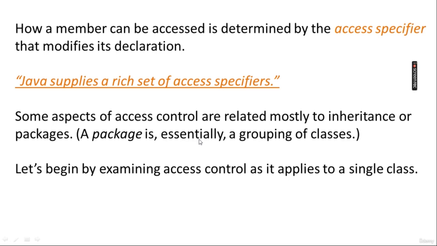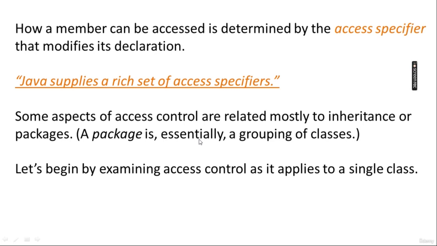How a member can be accessed is determined by the access specifier that modifies its declaration, and Java supplies a rich set of access specifiers. Some aspects of access control are related mostly to inheritance or packages, and a package is essentially a grouping of classes.